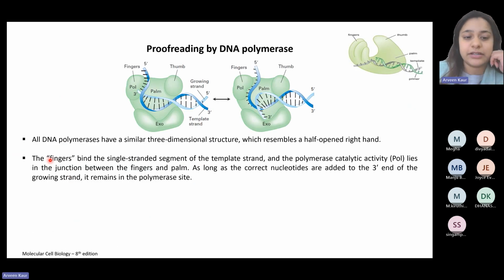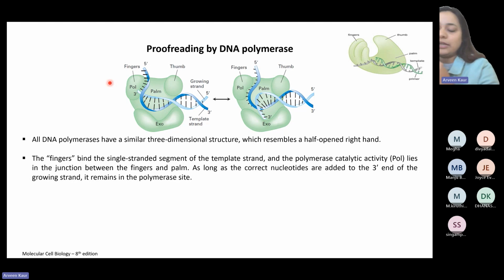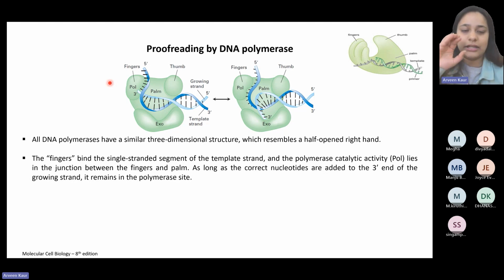So the fingers bind the single stranded segment. As you can see over here, this is another kind of representation. Like we were talking about the hand like this, now we are talking about it in this orientation. If I talk about the hand in this orientation and I open it like this, this part will be fingers, this part will be thumb, and this will be the palm.